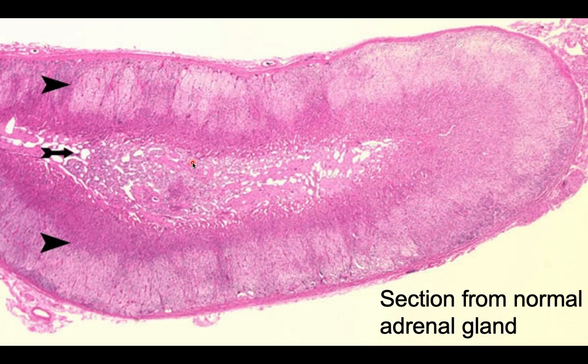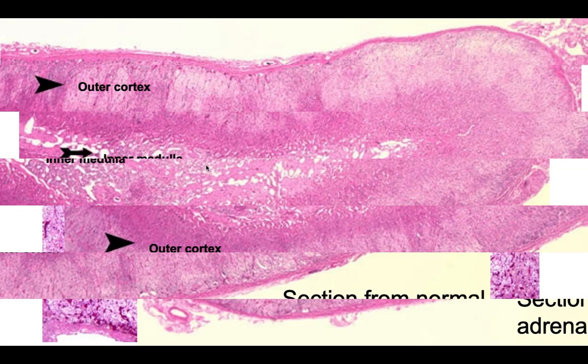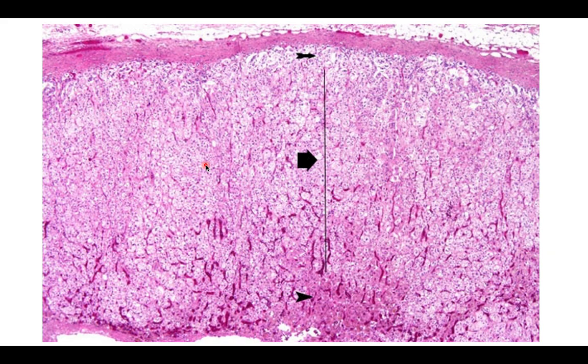The section from the normal adrenal gland shows the outer cortex and inner medulla. Just beneath the capsule, there is a thin zona glomerulosa, and at the mid portion of the cortex is the zona fasciculata, which comprises more than 50% of the thickness of the cortex.